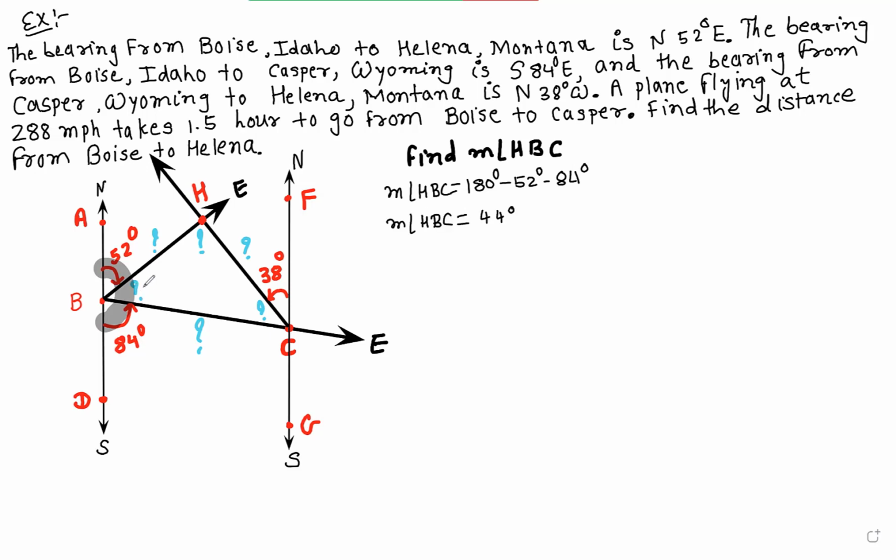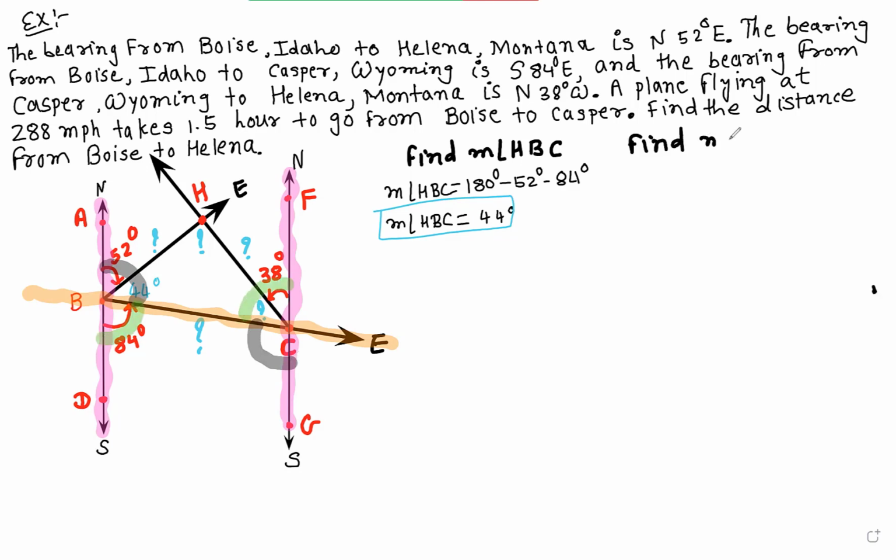So we found this particular angle. Let's write that with a light blue color, 44 degrees. Let's find this particular angle. How do we find that? If two parallel lines are cut by a transversal, let's say this is your transversal, then the alternate interior angles are congruent. That means this particular angle is congruent to this particular angle and this angle is congruent to this angle.